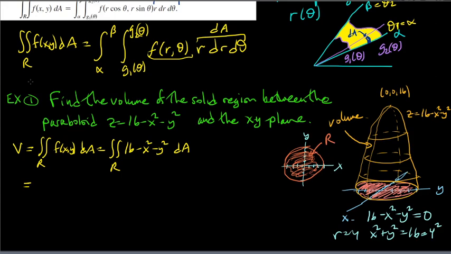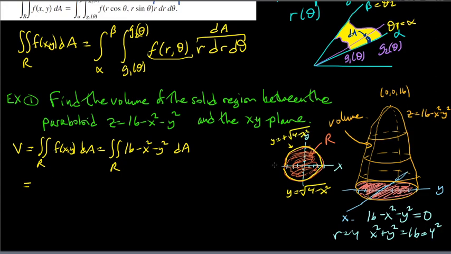So if you want this in terms of rectangular coordinates, we're going from the bottom half of the circle, which is y equals negative square root of 4 minus x squared, to the top half of the circle, which is y equals positive square root of 4 minus x squared.